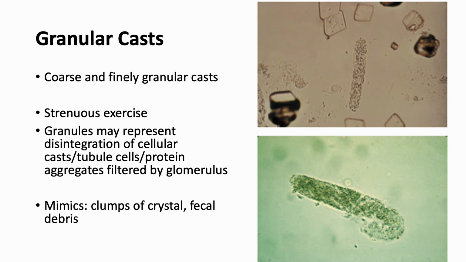Increased cellular metabolism during periods of strenuous exercise can account for a transient increase in granular and hyaline casts. The granules may represent disintegration of cellular casts, tubule cells, and protein aggregates filtered by the glomerulus. Some mimics of granular casts are clumps of crystals and even fecal debris.